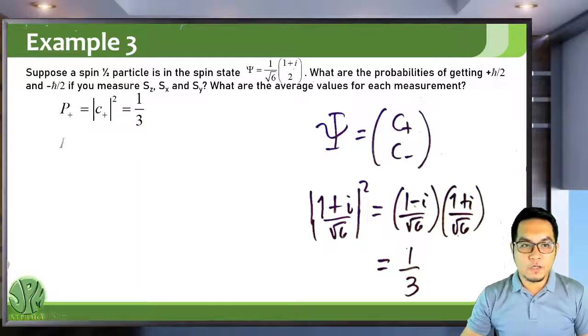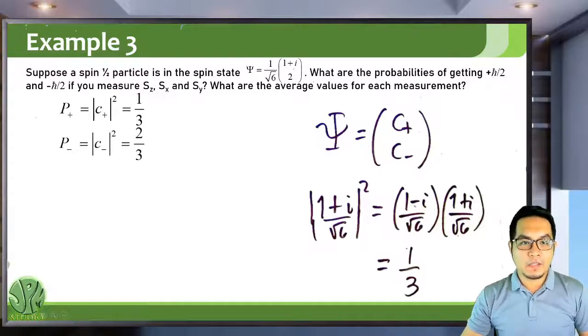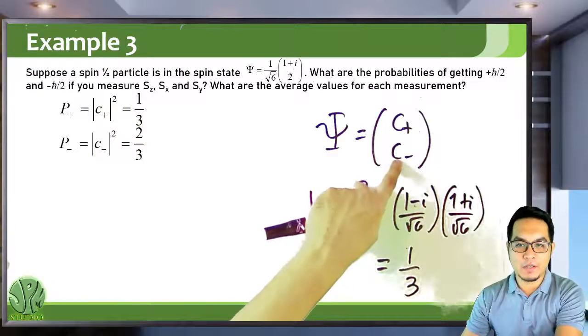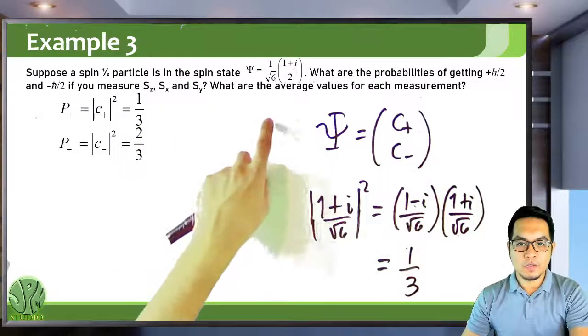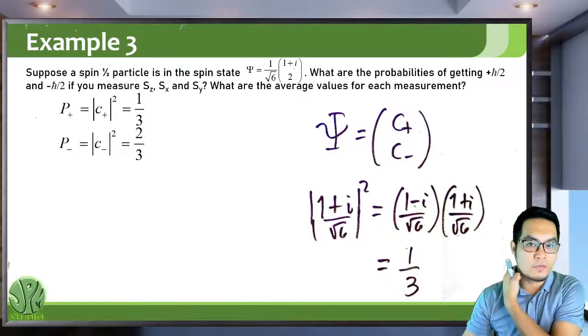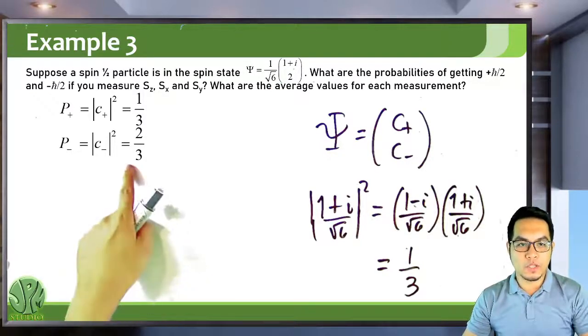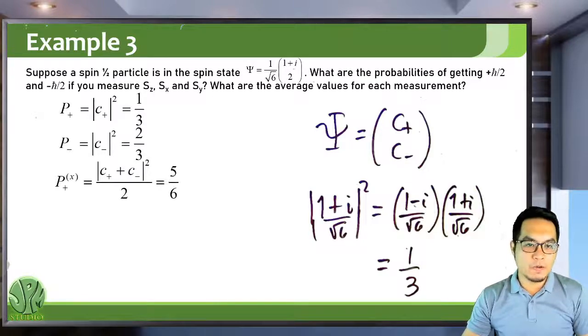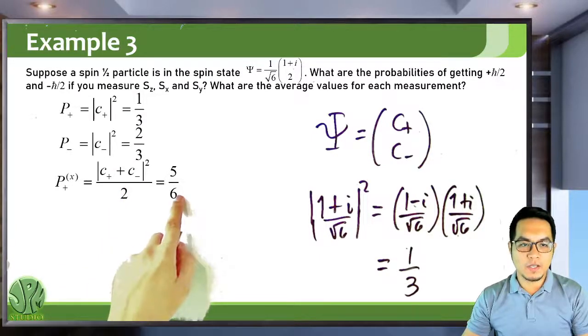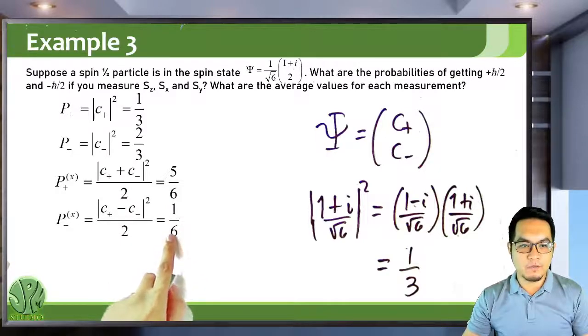So the probability of getting negative h bar over 2, if you measure Sz, is c minus squared. So c minus is just 2 over square root of 6, so you have 4 over 6, or 2/3. So from the formula for probability for Sx, you have this one, and you will get this result for p plus and for p minus.